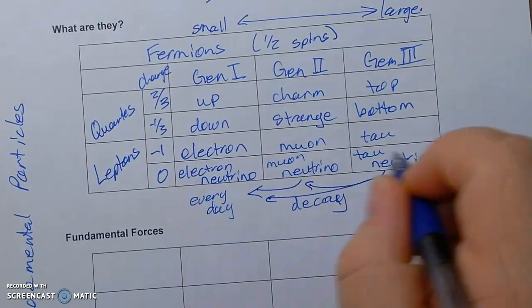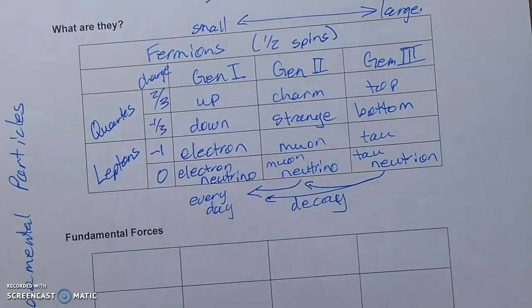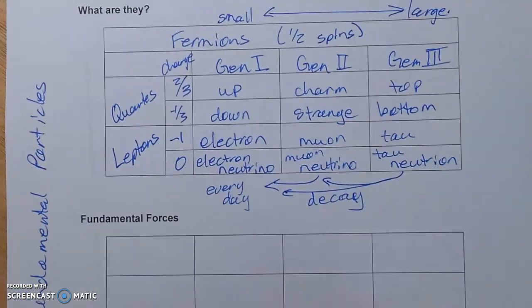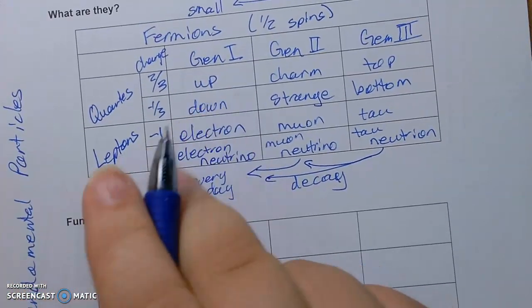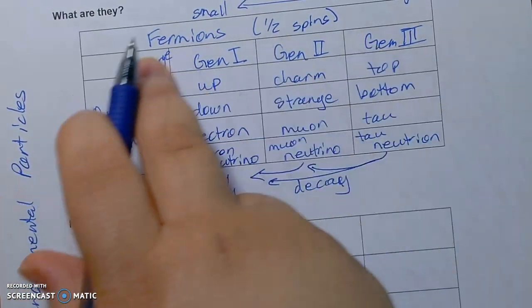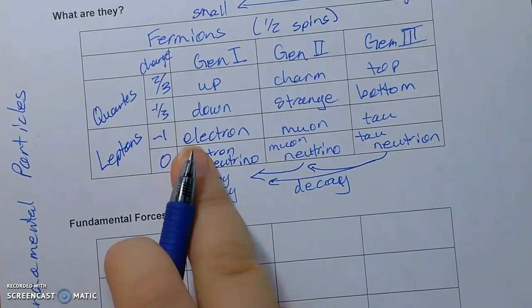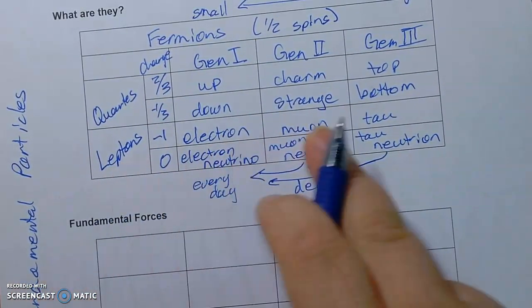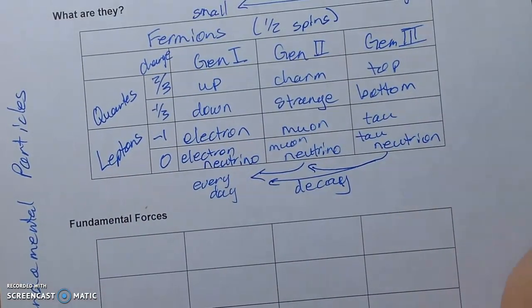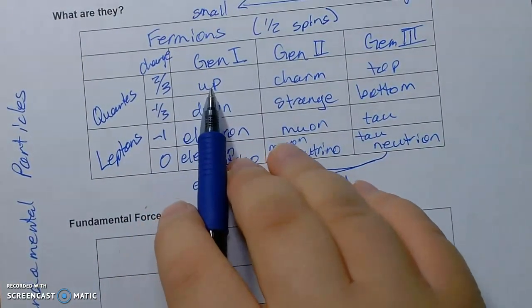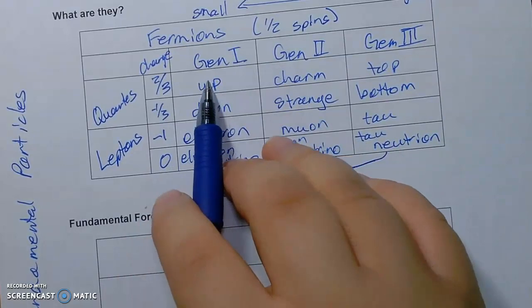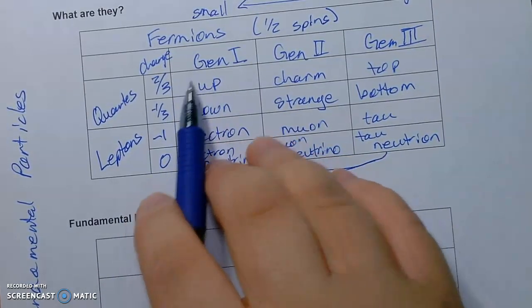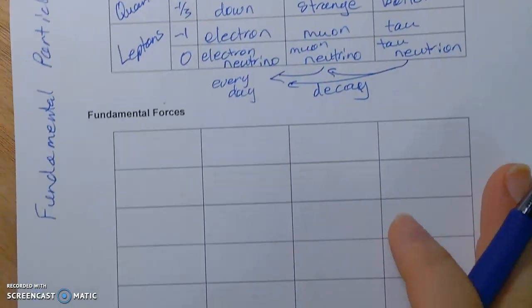These are all just subatomic particles that are fundamental. What's interesting is quarks are never alone. Leptons can be alone, and that's one of the differences between quarks and leptons. Leptons can be by themselves. We can have just an electron, but we can't have just an up quark. Up and down will always be together in a proton or a neutron type situation.